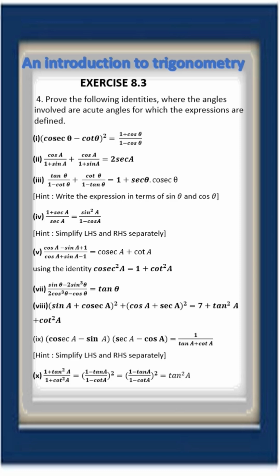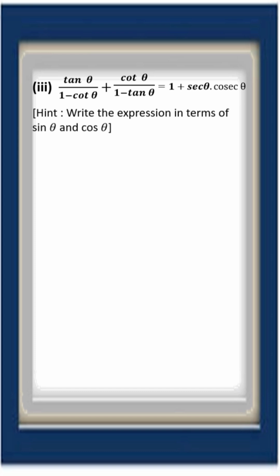Now let us solve the third question, that is tan theta upon 1 minus cot theta plus cot theta upon 1 minus tan theta is equal to 1 plus secant theta into cosecant theta. Here is a hint. Write the expression in terms of sin theta and cos theta. Otherwise it is also difficult.